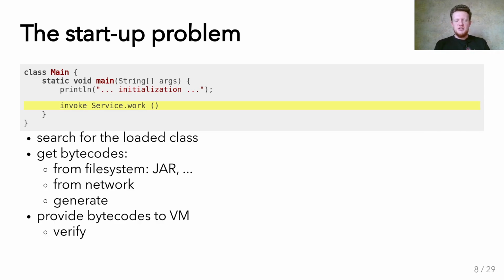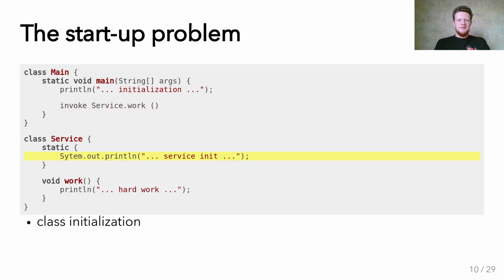Then, since the JVM does not control where these bytecodes come from, the JVM needs to ensure they are well formed. The JVM runs a verification procedure, and only if the bytecodes are fine can we finally allocate some native memory and lay out the bytecode for execution. And now, since the Service class has a static initializer section, it should be run first before we can get to the target method.